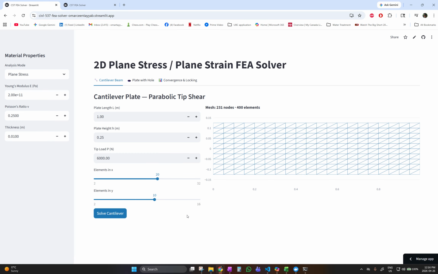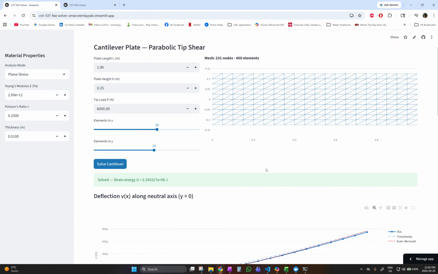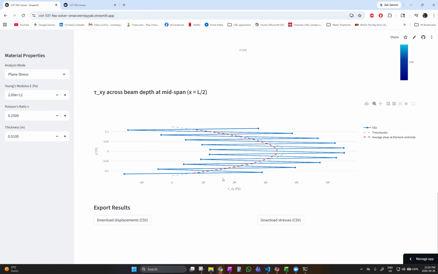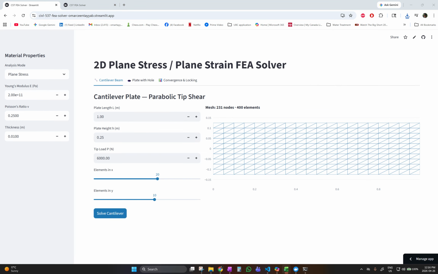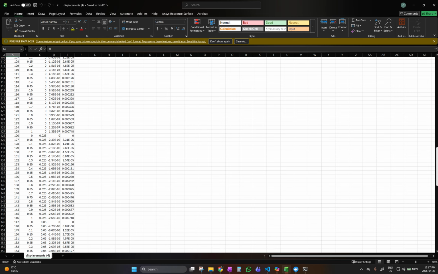I just want to show you one more thing that I was supposed to show you, which is that my CSV output is working. So 231 nodes given my current slider settings. If I go to download CSV, it was 231 nodes. They start from zero and go to 230 here.